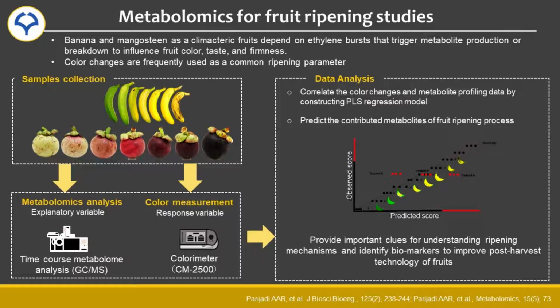In our study, we use metabolomics analysis and color measurement as response variate to correlate the ripening process and metabolite changes. This study could provide important clues for understanding ripening mechanism and identify biomarkers that might be useful for post-harvest technology.